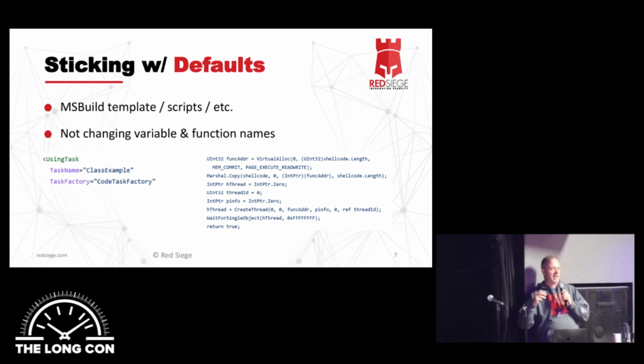So the MSBuild technique is a way of executing code. MSBuild ostensibly is for building things, but we can take a specially designed XML template and actually execute code with it. And if you were going to load some shellcode into memory and execute it, the template has some defaults in there, like the function address, which we need. The variable is called funcadder.